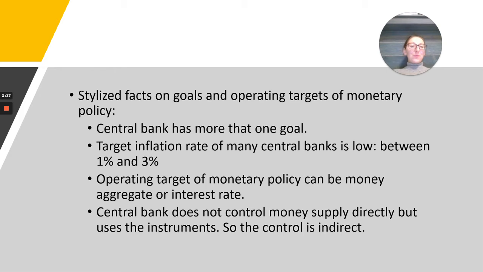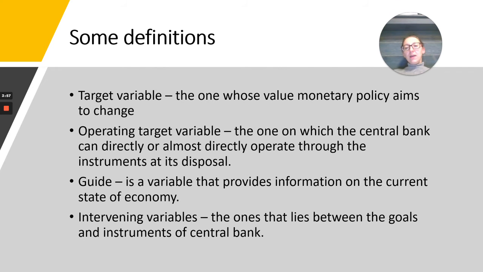That is a very important fact: the way monetary policy works is not that straightforward. Okay, a few definitions, and then we will come to that. A few definitions when talking about those target values, goals, and so on.